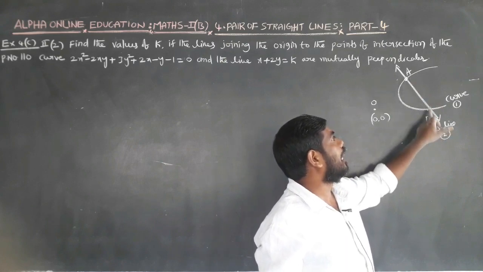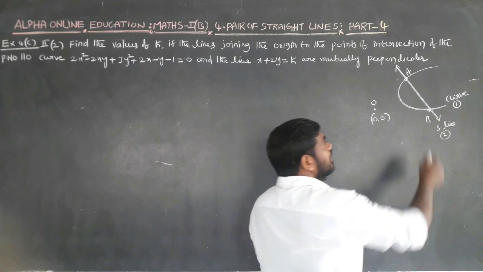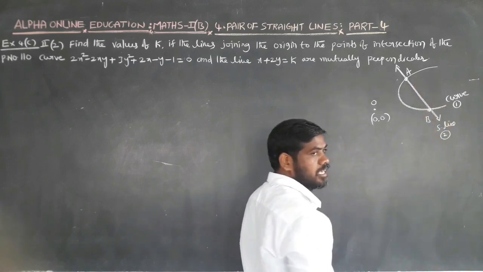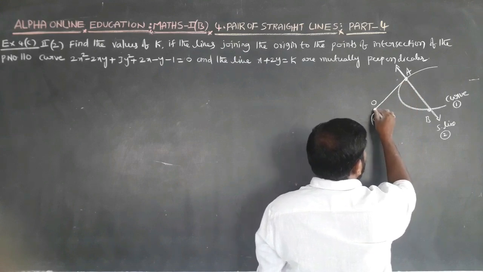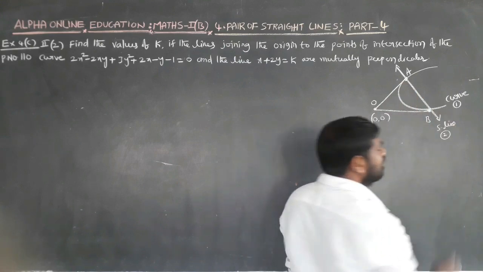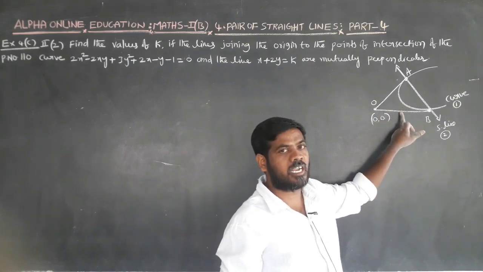Here the curve and the straight line intersect at capital A and capital B. The points A and B are joined to the origin. This is the line OA, this is the line OB.